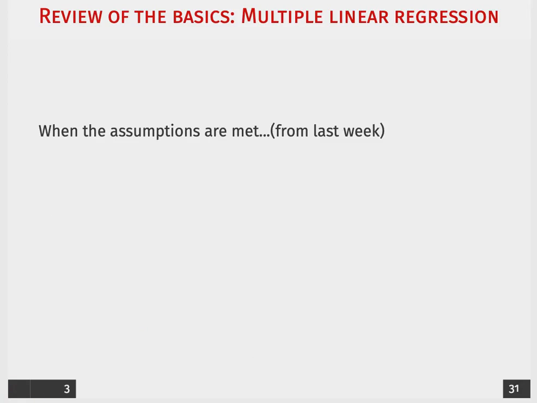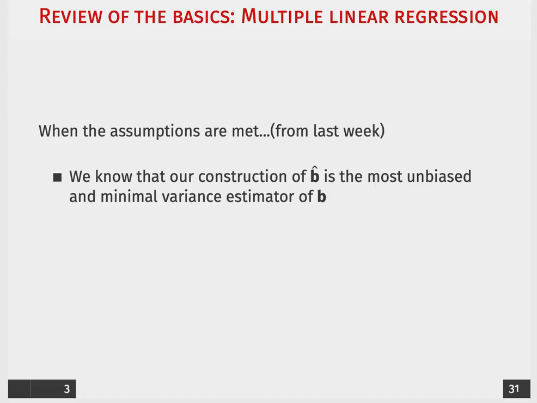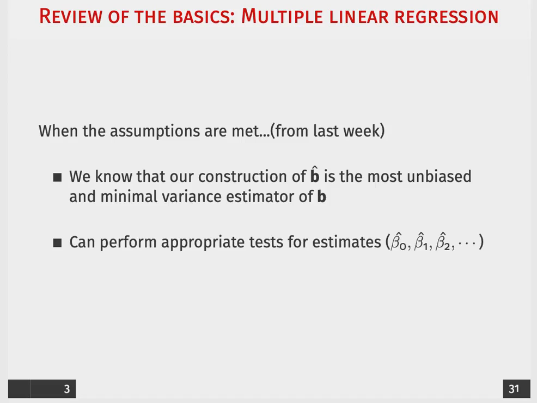If these assumptions are met, then, like we said last week, we know that our construction of our estimate of beta, right, our x prime x inverse times x prime y, is the most unbiased and minimal variance estimator of the true underlying relationship beta.